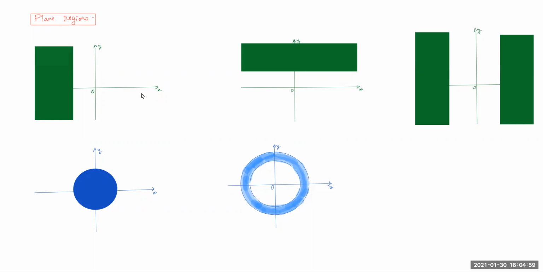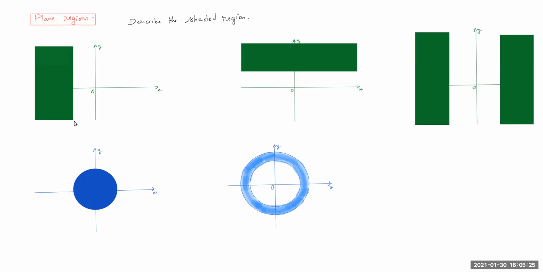So let's, for example, see the following set. The purpose of the exercise here is to describe the set of points, the shaded region.